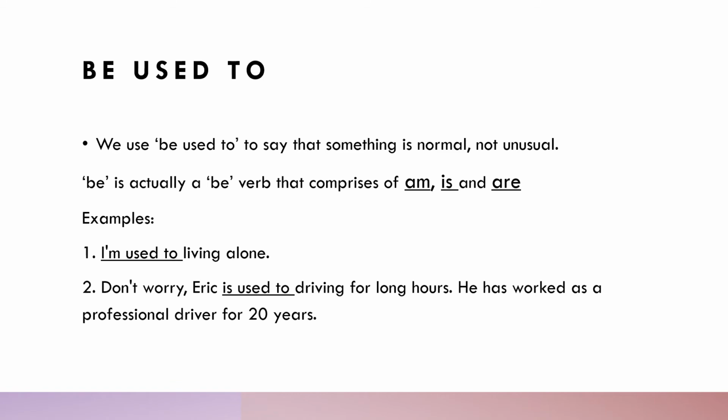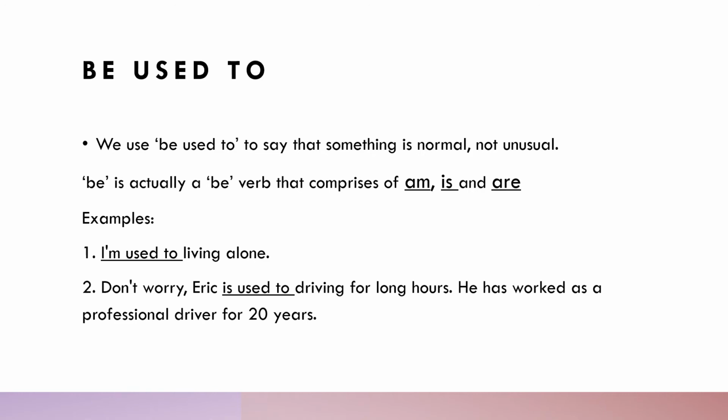Then let's take a look at another example. Number 2: Don't worry, Eric is used to driving for long hours. He has worked as a professional driver for 20 years. So here, what is the be verb? Yes, the be verb is is. Can you see the word is here?